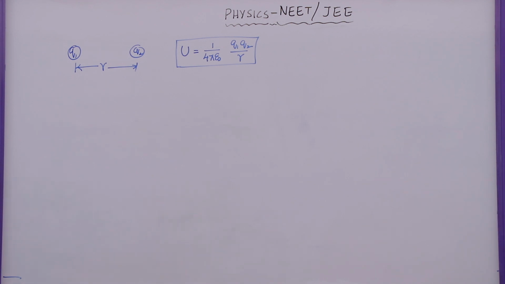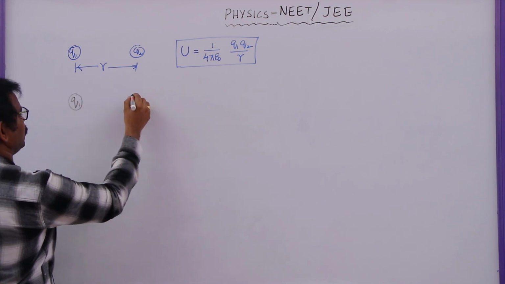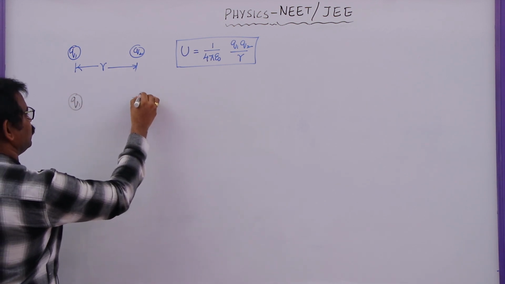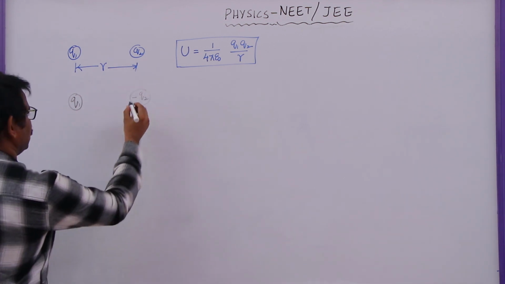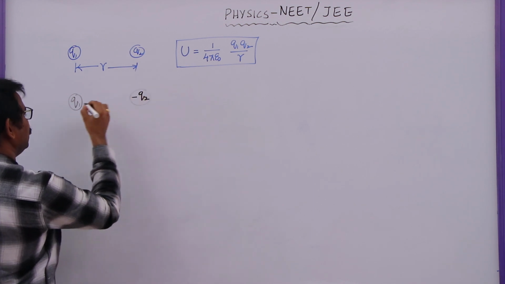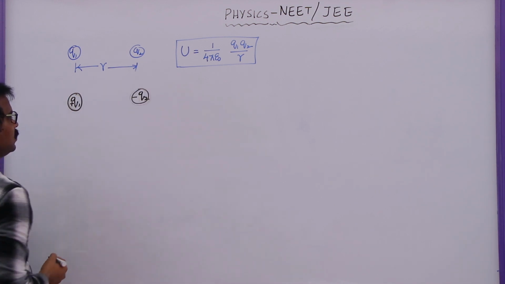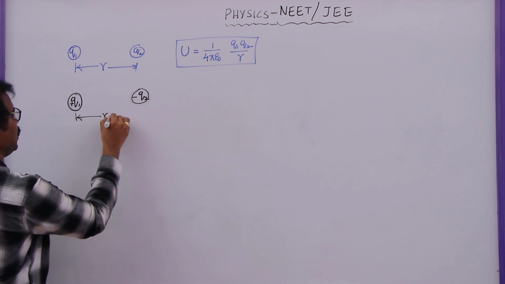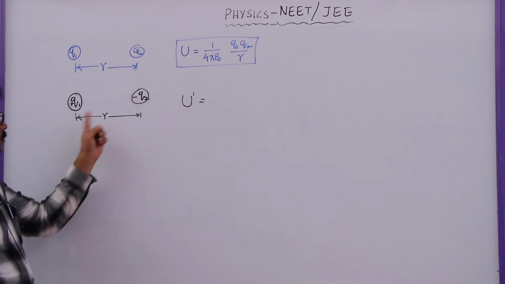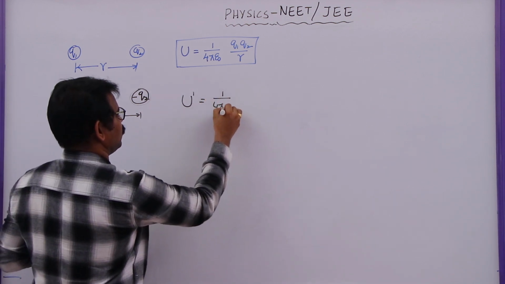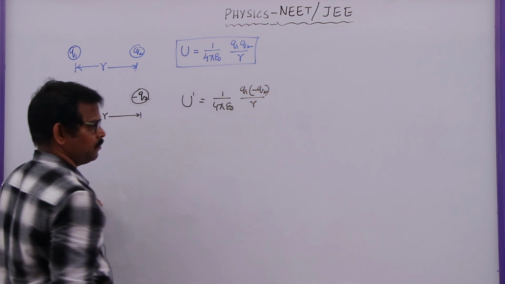But in the case of two charges of opposite polarity, Q1 and minus Q2, where one of the charges is negatively charged, let us say this is plus Q1, the first charge, and this is minus Q2, the second charge, separated by some distance r. Then the potential energy between these two is 1 by 4 pi epsilon naught Q1 into minus Q2 by r.